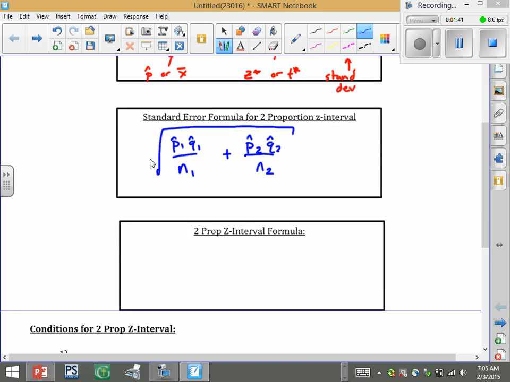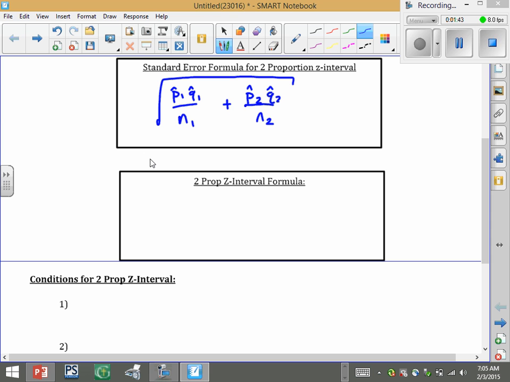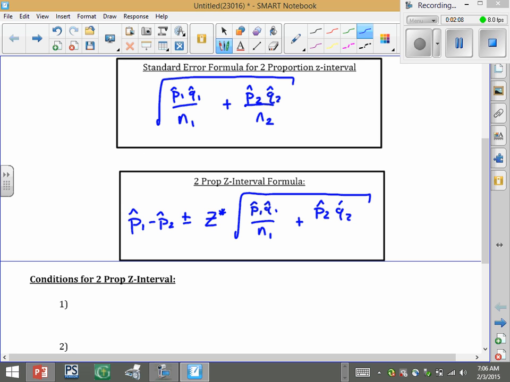So the big formula for a two proportion z interval, what we saw yesterday, we were finding, is there a significant difference? So in other words, we'd end up doing p hat 1 minus p hat 2 plus or minus, since it's a proportion interval, we're going to use z star, and then we come back with the p hat 1 q hat 1 over n1, and then your second sample might have a different sample size, and that's okay, and you just kind of plug and chug along.